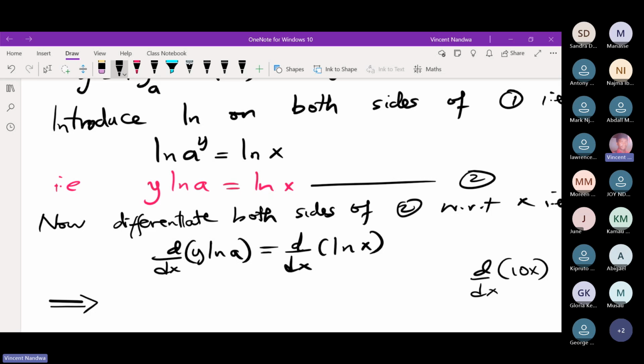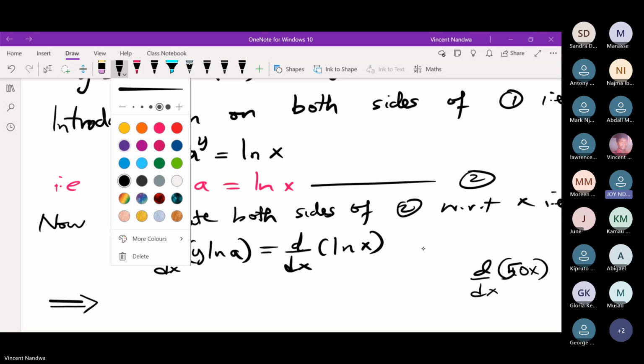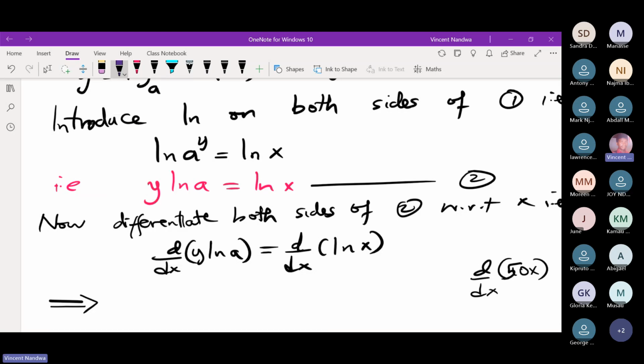And then what is d dx of 50x? 50. So it's the same thing. So this ln of a should not confuse the way you are interpreting 10 and 50, the same as ln of a. So then d dx of y ln of a will be which value?